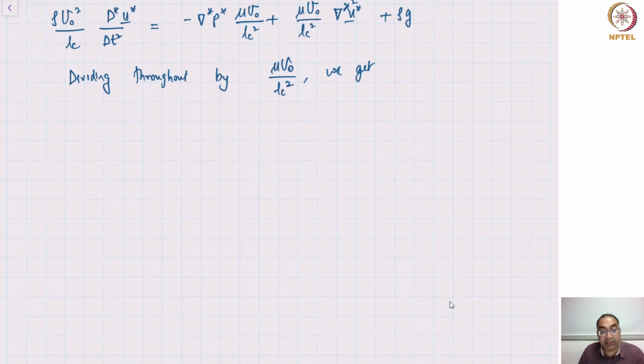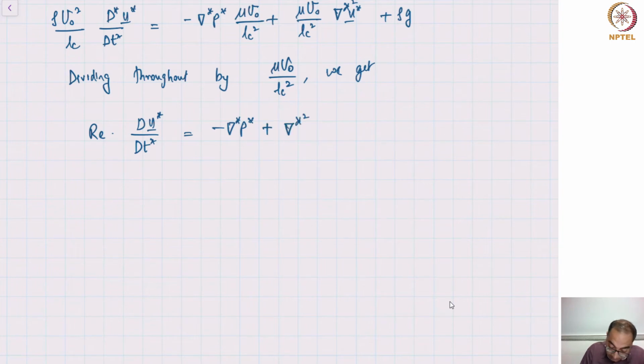We get a simple elegant non-dimensional form of these equations, and they would be Reynolds number times the inertial terms, the pressure gradient term, and finally we get 1 by capillary for the gravity term, right?